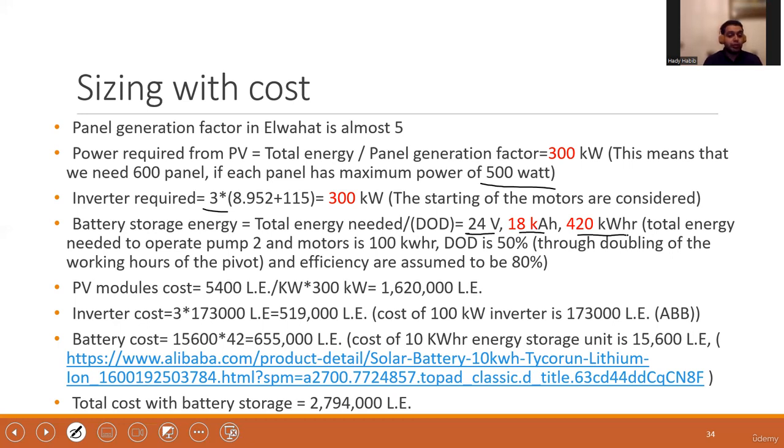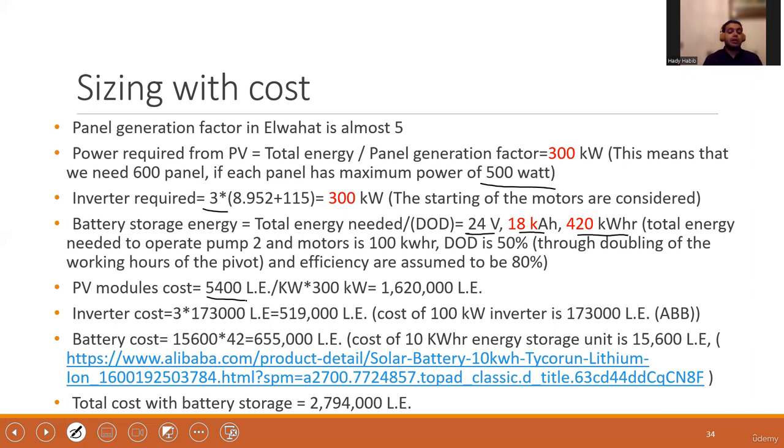The cost of the PV modules: 1 kilowatt of the PV modules usually costs 5,400 Egyptian pound, and we need 300 kilowatt, so it's 300 multiplied by 5,400, which is 1,620,000 Egyptian pound. The inverter cost: the cost of the 100 kilowatt inverter from ABB, as an example, is 173,000 Egyptian pound. So we need 3 of the 100 kilowatt inverter, so it will cost 519,000 Egyptian pound.